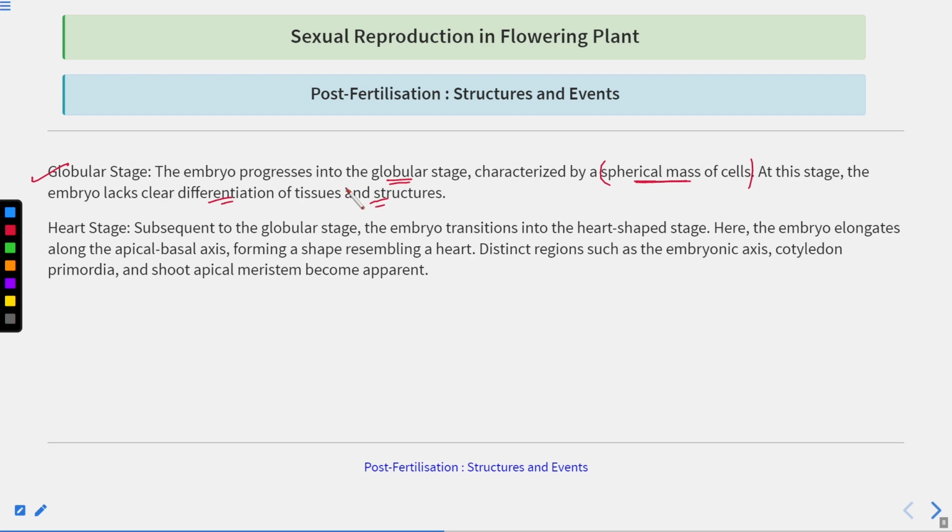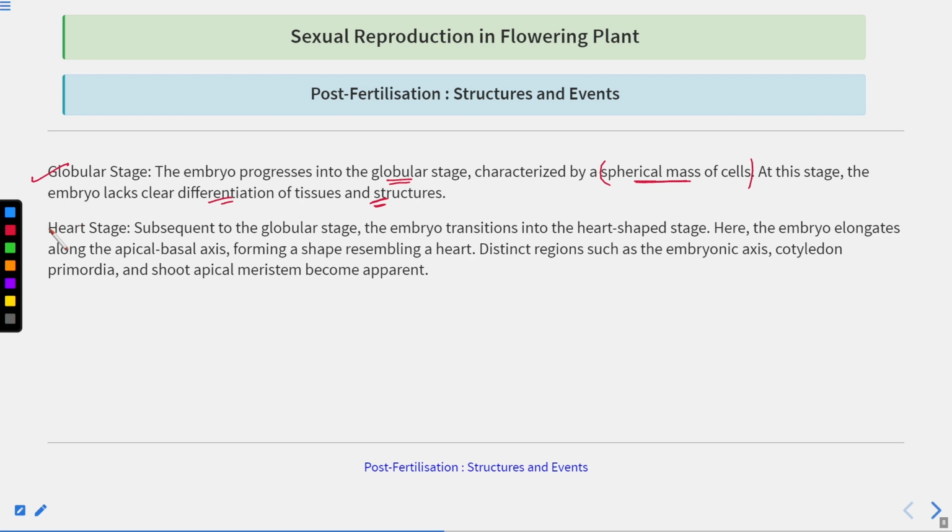So there is no differentiation of the tissues as well as the structure. It is just a globular stage, and the cells are not differentiated. Whenever cells differentiate, they perform specific functions, but at the globular stage there is no differentiation of tissue and structure. So you cannot distinguish between the different tissues and structures.